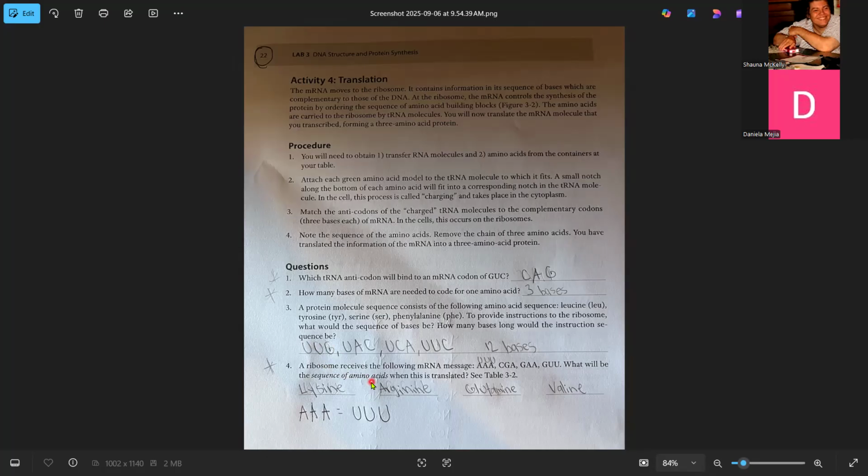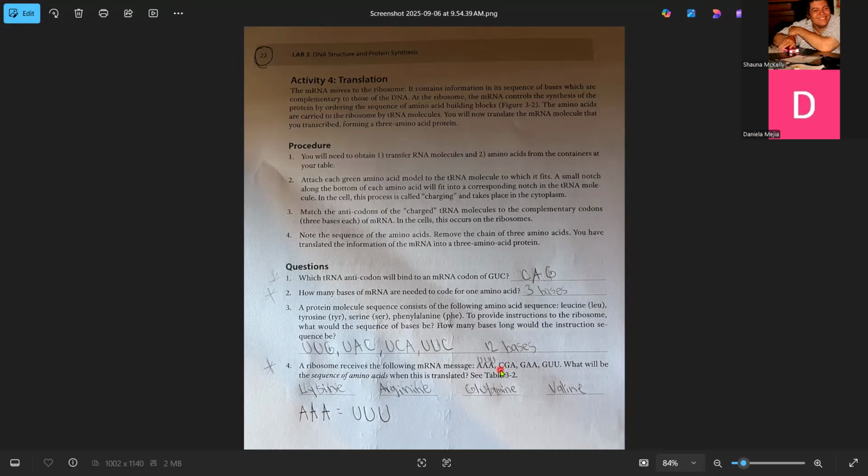Okay, so what they wanted you to write here was not the names. They wanted you to write the base sequences. So AAA would be UUU.